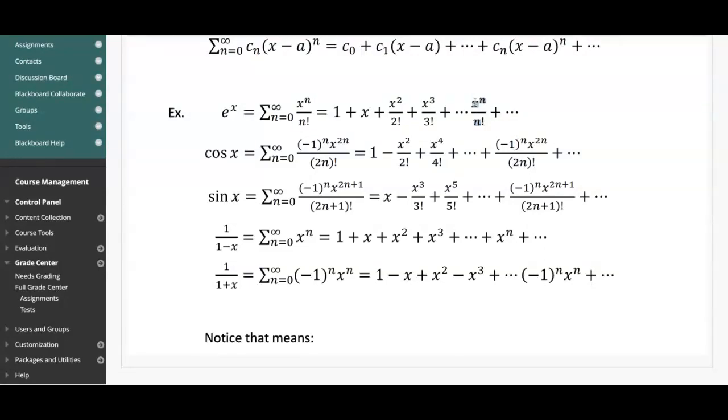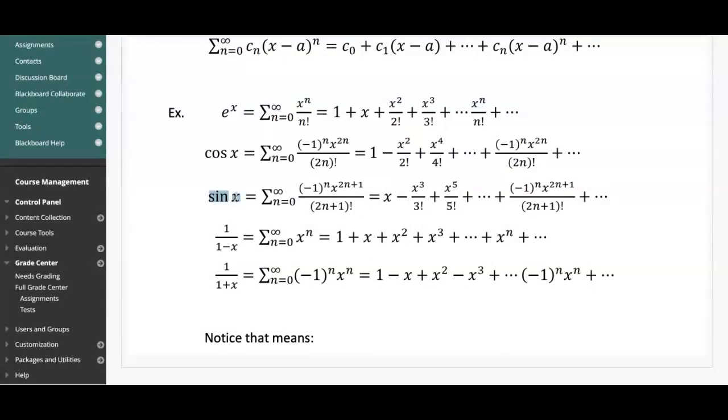So this is the nth term, right? A general term in the series. So this is a general term in the series for e to the x. This is a general term, nth term, in the infinite series for cosine x. So x raised to 2n divided by (2n) factorial.